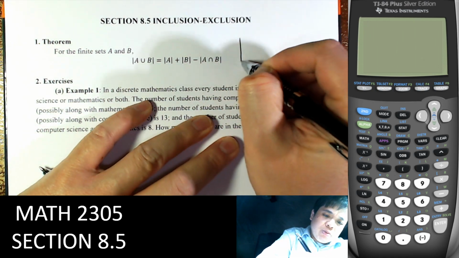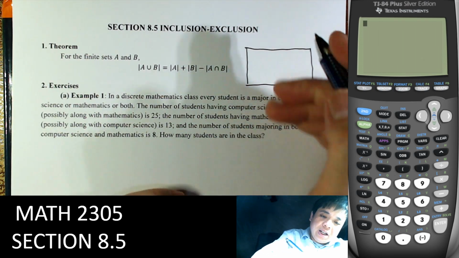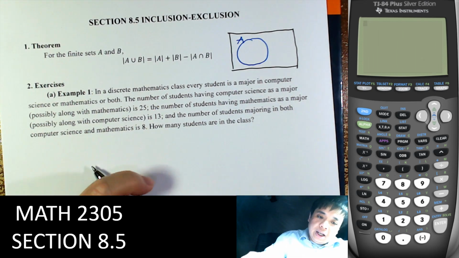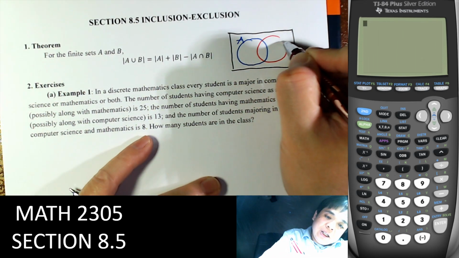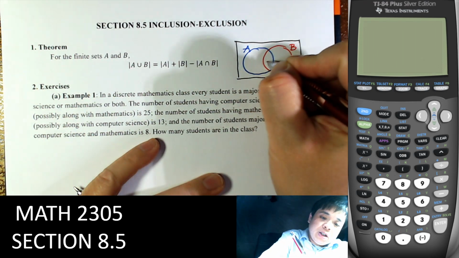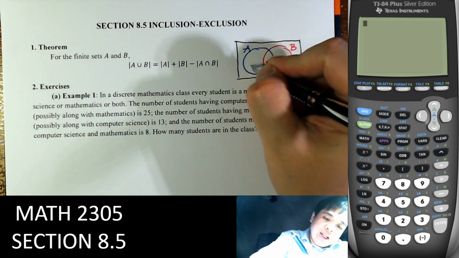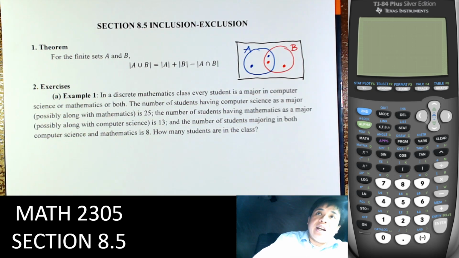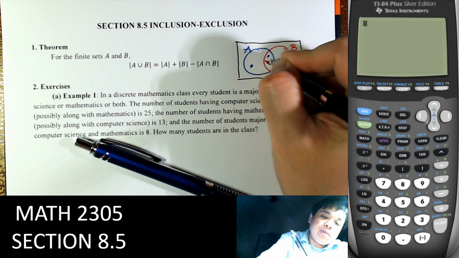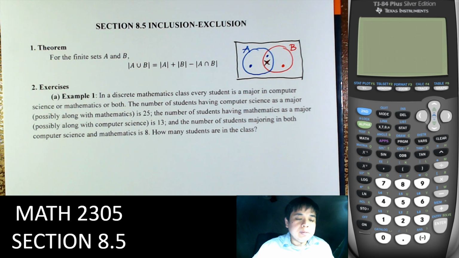If we just draw a Venn diagram, let's represent this set by A and this set by B. Now we count everything in the set B, so we select every region of B, and now we have A, every region in A. But when we do that, this region we count twice, so we have to take out one of them. So that's why we have to subtract the overlapping. That makes perfect sense. Right.